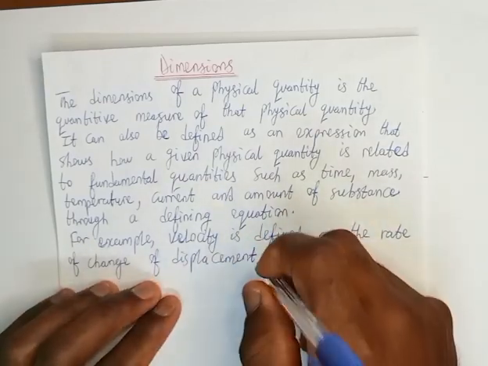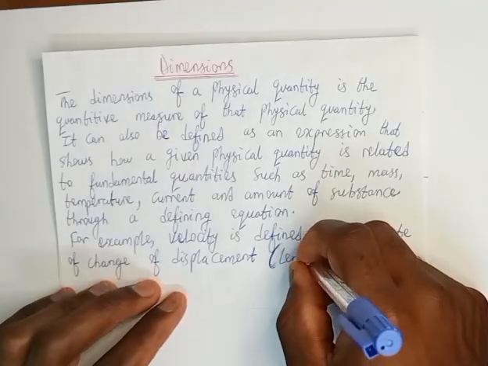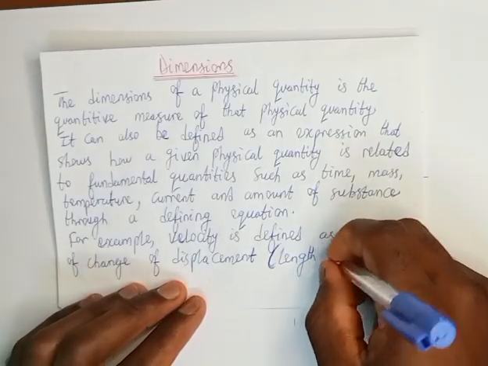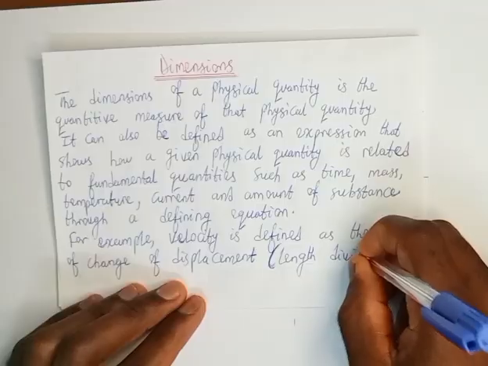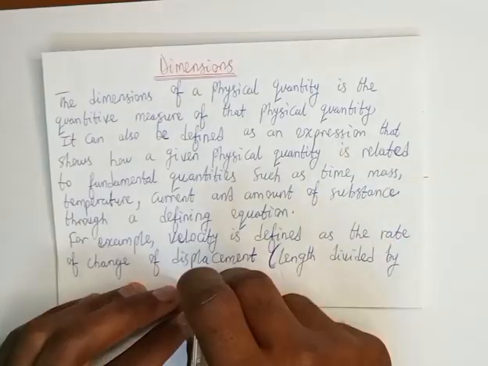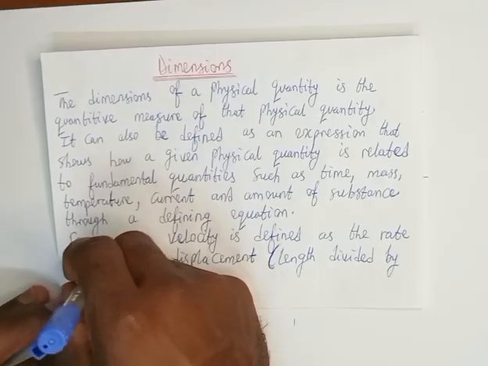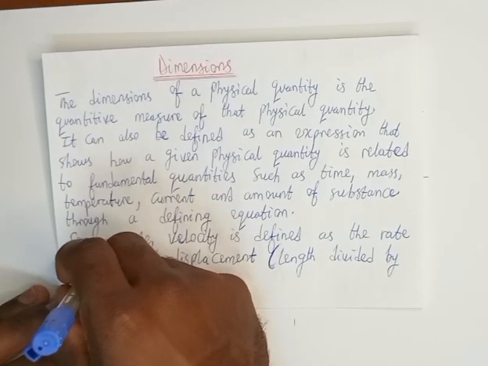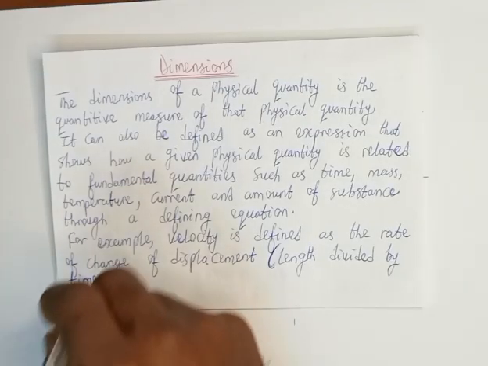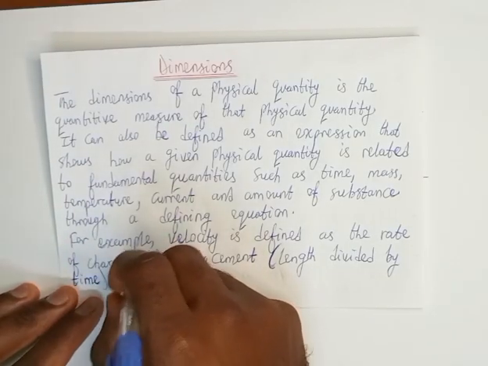We can define velocity as length divided by time. If you divide length by time, you obtain velocity. Full stop.